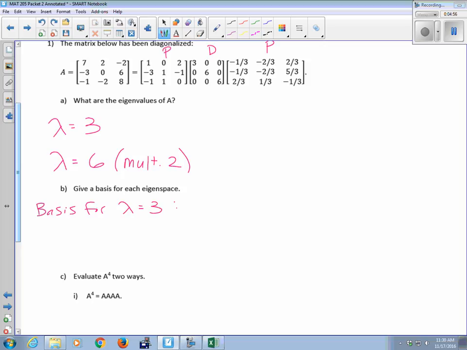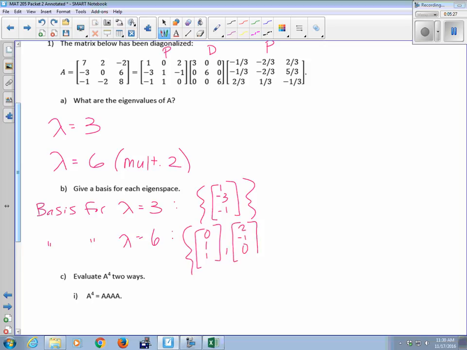It's the first column because the 3 is in the first column of D. So you take the first column of P. So it's just the vector (1, -3, -1). And then my basis for lambda equals 6. I have 6 in 2 columns, so you take the 2 vectors from those 2 corresponding columns in P. And I get (0, 1, 1) and (2, -1, 0).